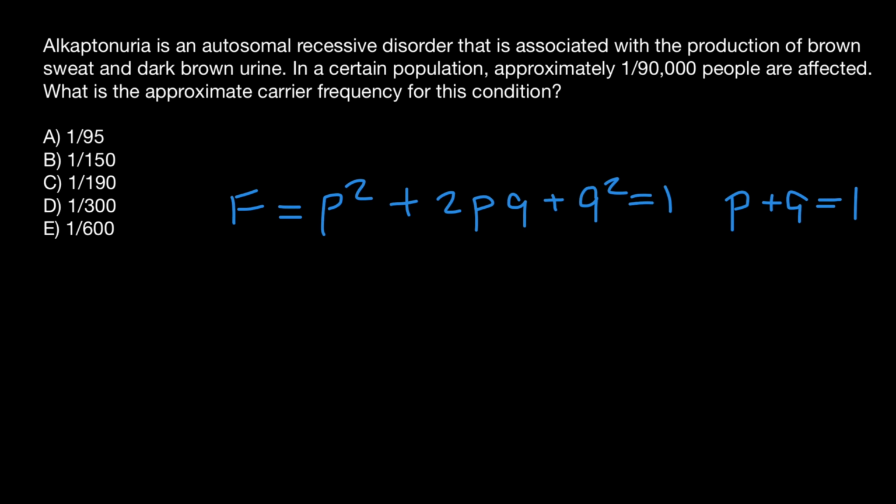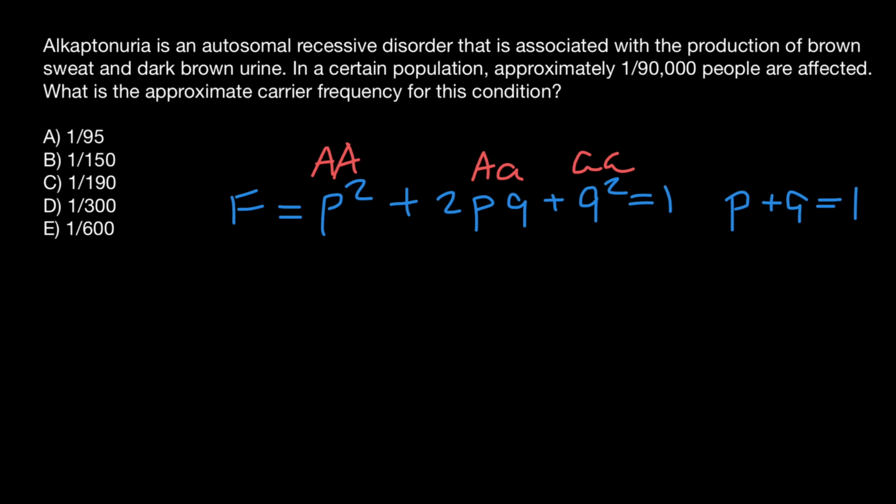Maybe you are used to different letters, such as dominant allele A and recessive allele a. Then p squared stands for the homozygous dominant genotype, 2pq stands for the heterozygous genotype, and q squared stands for the homozygous recessive genotype.